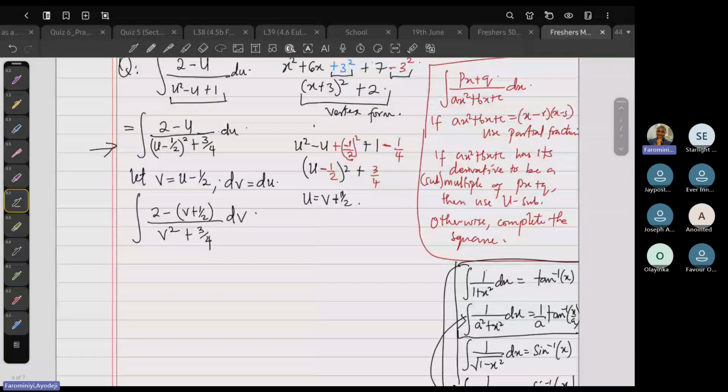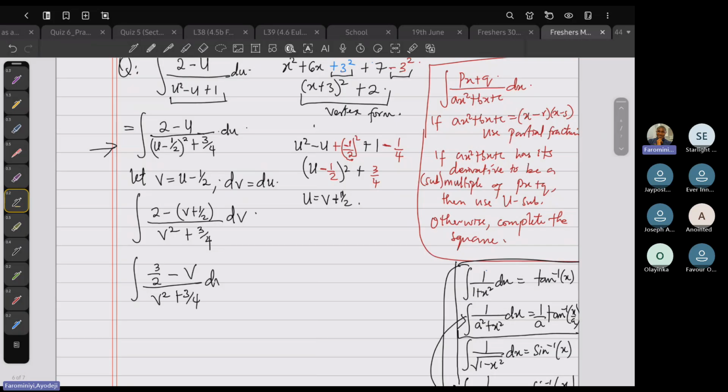And this is exactly equal to, what is 2 minus 1 over 2? That is 3 over 2 minus v over v squared plus 3 over 4 dv. Interesting.